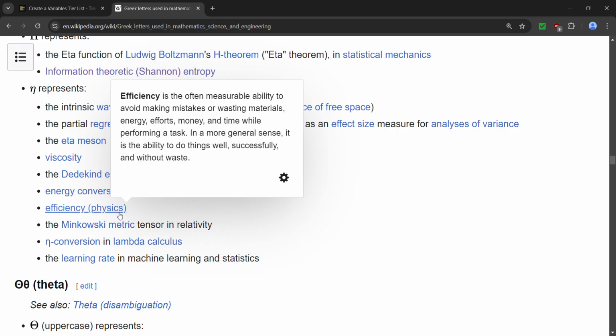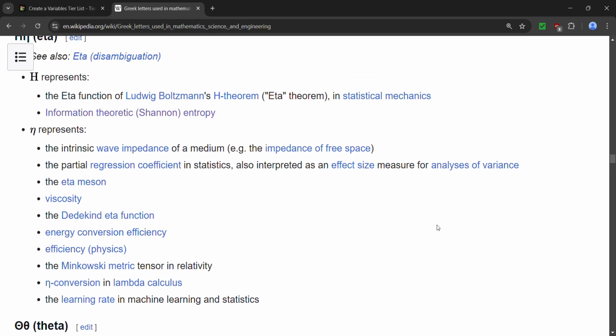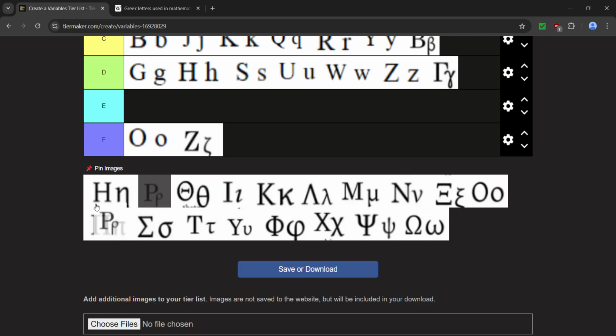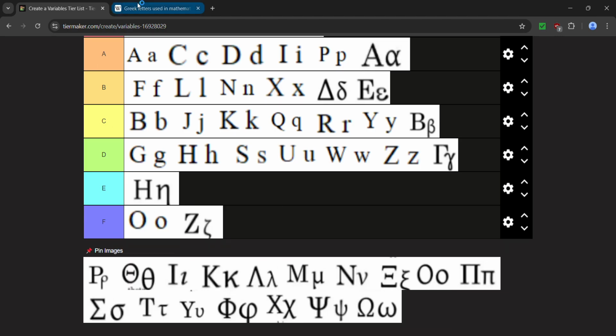I'm really not seeing anything that interesting though. Yeah, this is not great. I kind of don't want to put it in E tier because efficiency is important, but also I use epsilon to represent efficiency half the time. So yeah, this is going in E tier. I'm sorry, eta.